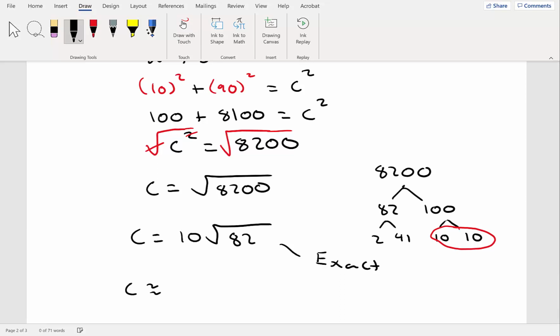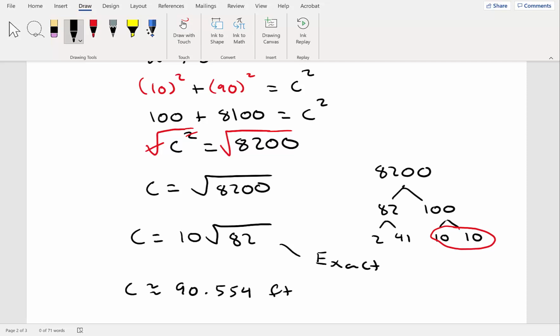And now our approximation, because say you're an announcer, the announcer is not going to say, oh, the catcher threw the ball 10 times the square root of 82 feet. You're never going to hear that in your life. So let's go ahead and get an approximation. There's two ways that we could get this approximation. We could go ahead and put in the square root of 8,200. Okay, we get 90 point, rounding to 3 decimal places, I get 90.554 feet.